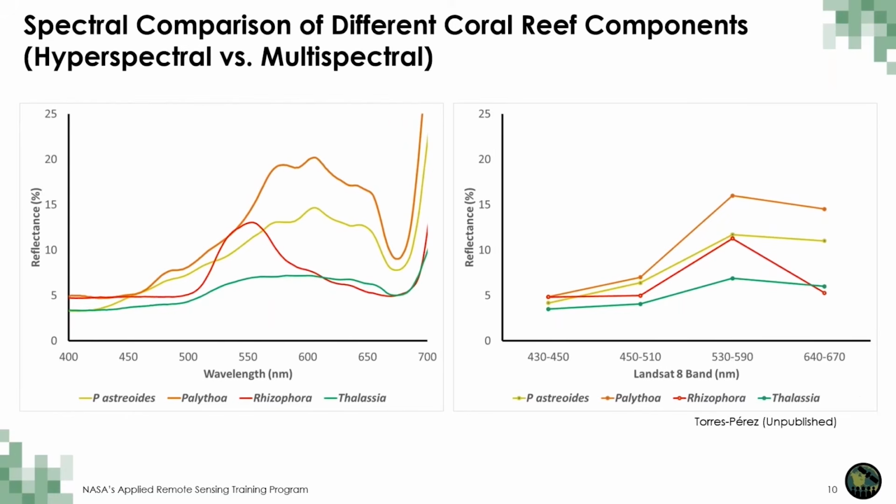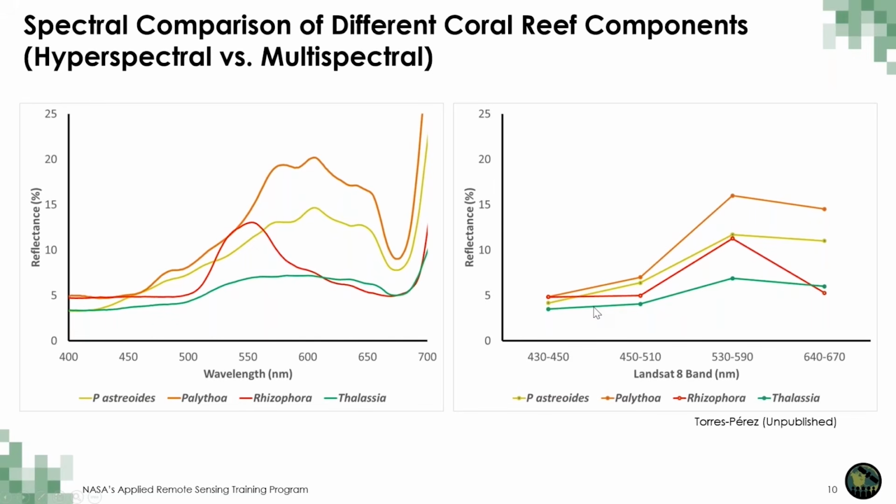Okay, so here we have the same graph that we saw a couple of slides ago, where on the left-hand side the data was collected in situ with a spectroradiometer, and on the right-hand side is the same data set but adjusted to the 4 Landsat 8 bands in the visible range.